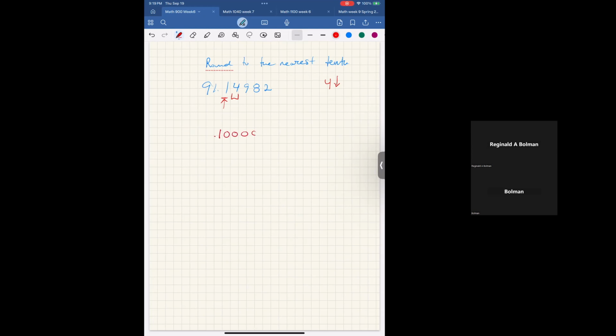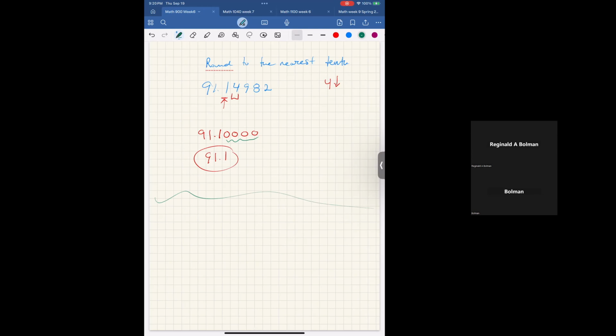Everything to the right of 4, including 4 itself, simply becomes 0, and our answer is 91.1. Be very careful when you guys are entering your answers into MyLab Math. MyLab Math, for whatever reason, likes to say that students have a wrong answer just because you have a bunch of zeros, and the MyLab Math platform doesn't like that for whatever reason. So just be careful. I am warning you once here, okay?